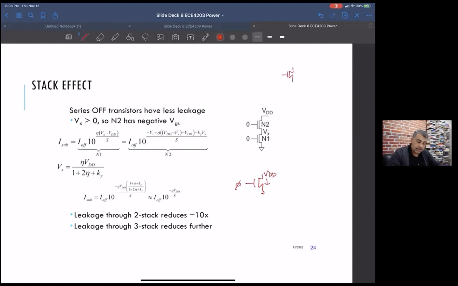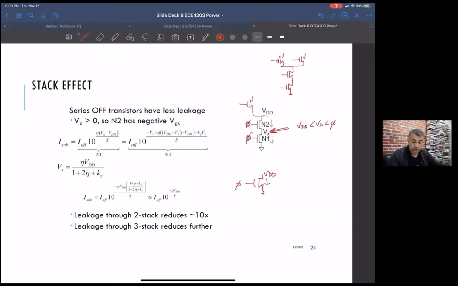In a NAND gate, you have your pull-down transistors in series, as an example. What happens if the gates are both off? If both of these gates are 0, this top node sees VDD because the PMOSFETs are putting a VDD there. But the intermediate node sees somewhere between VDD and ground. It just depends on the off resistance values of these two transistors.